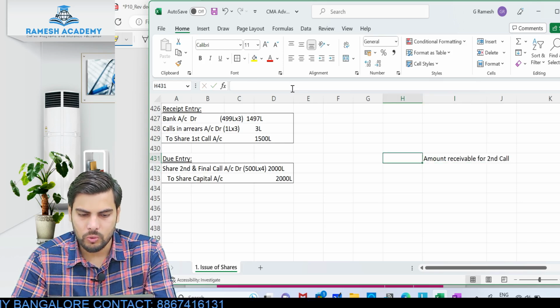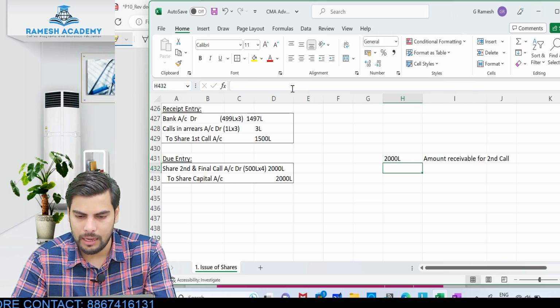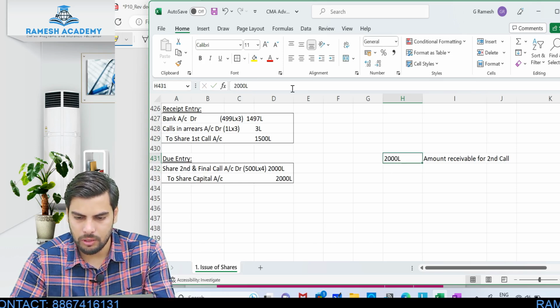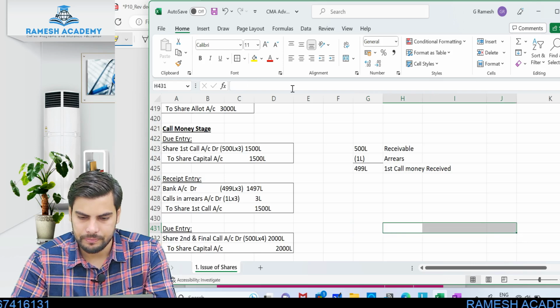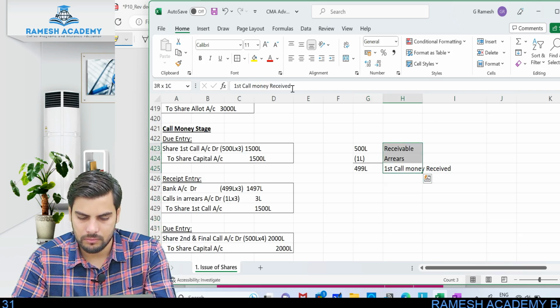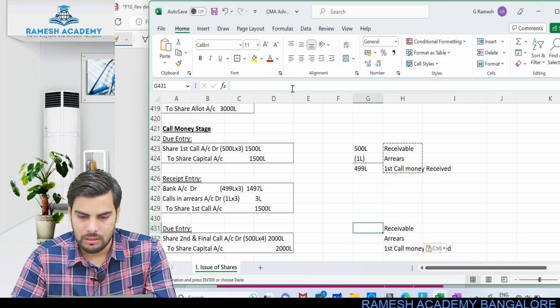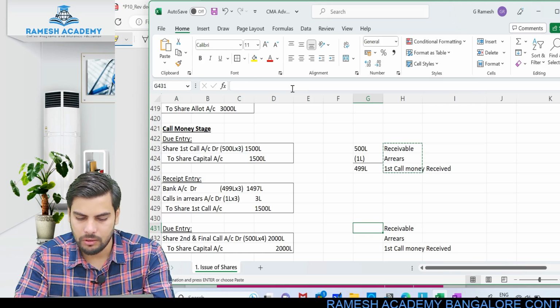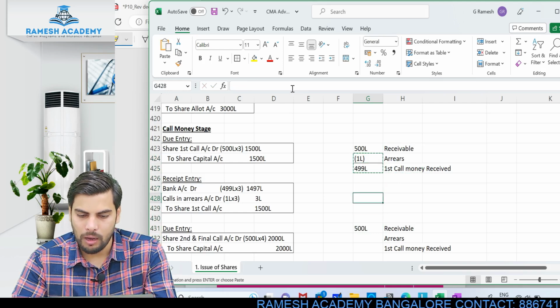With respect to second and final call, I was supposed to receive to the extent of 2000 lakh. I was supposed to receive the entire 500 lakh shares' money, but I did not receive to the extent of 1.5 lakh.